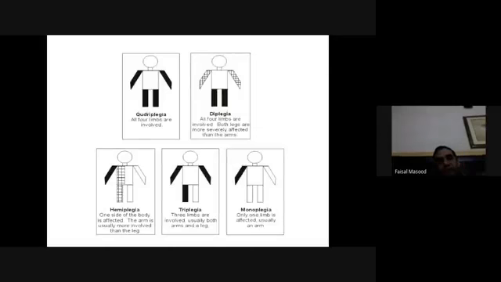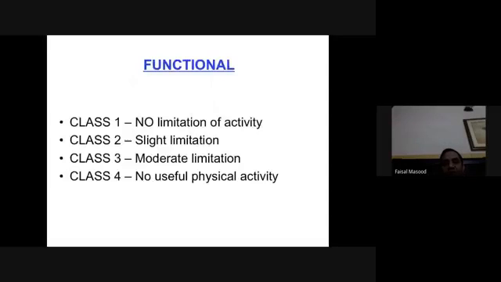This is the anatomical classification, which means quadriplegia, all four limbs are involved; diplegia, both the lower or upper limbs are involved; hemiplegia, one upper and one lower limb; triplegia, two upper and one lower limb, or two lower and one upper limb; monoplegia, single limb; and then there is pentaplegia, in which the trunk is also involved.